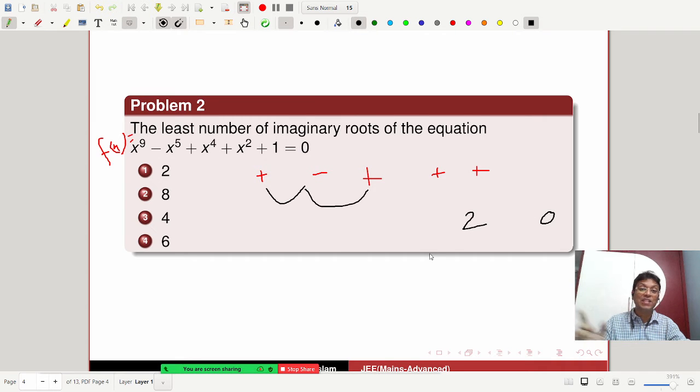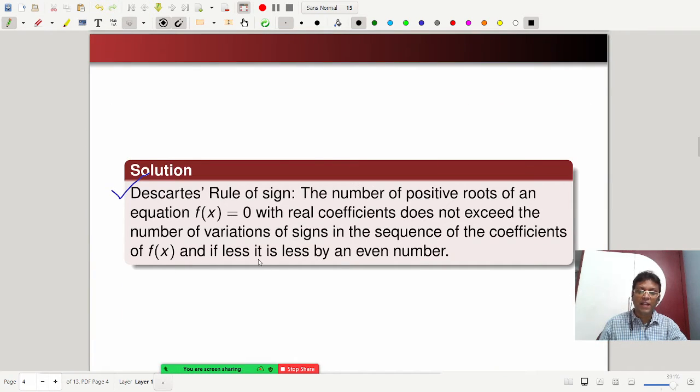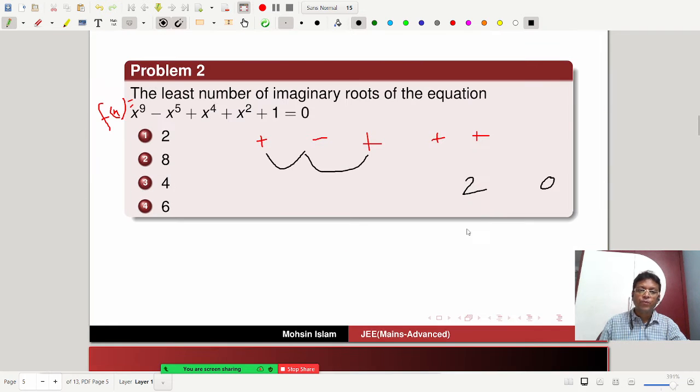If it is less, it is less by an even number, so you are subtracting the smallest even number, 2. So the number of positive roots is either 2 or 0.